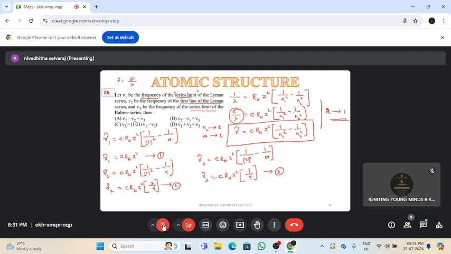Now you have to find the relationship between nu 1, nu 2 and nu 3. Find the relationship between nu 1, nu 2 and nu 3.